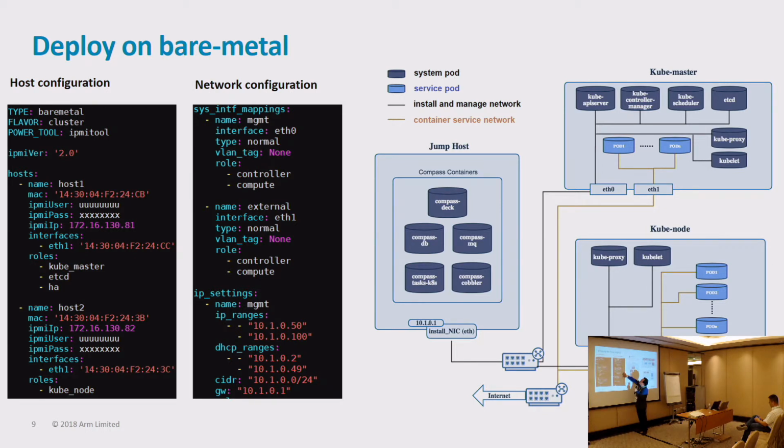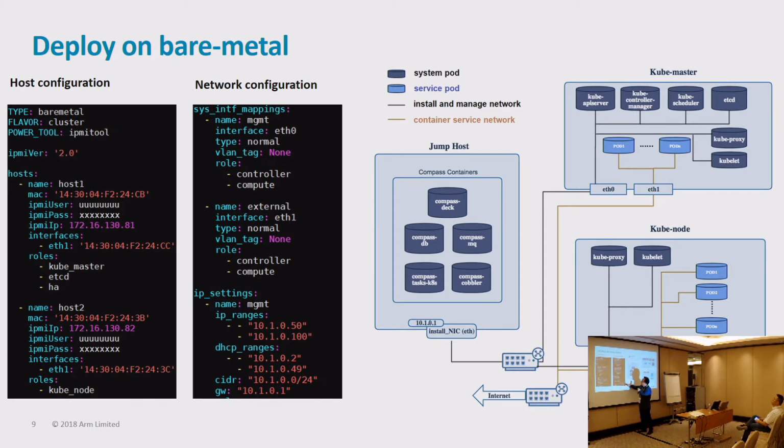And this is the list of the network information. At least two networks are required. First is the management network, which is for installation. You can list the IP addresses. It's also related to PXE. When PXE booting, you have to give the nodes some dynamic addresses so they can fetch the installation images and deploy the operating systems.